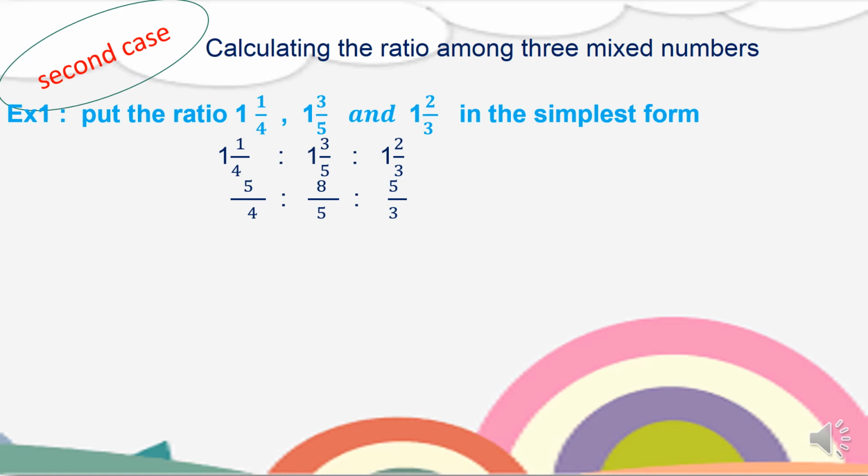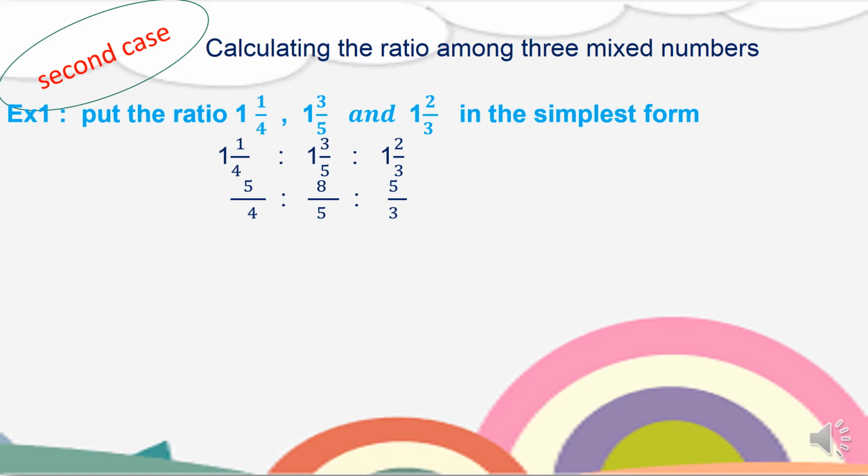Now I have 3 fractions. Ratio between 3 fractions. When I have 2 fractions, what do I do, Junior 6? I do crisscross. But in this case, it's difficult. So what do I do?